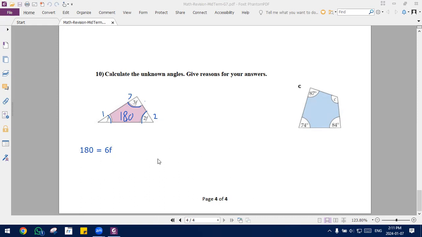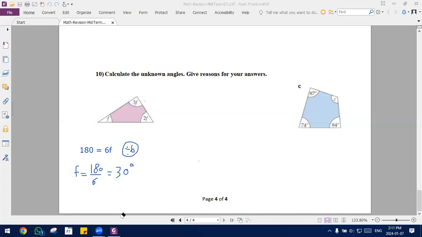Now, how can I find only one F? We divide by 6. So we say that F is equal to 180 over 6. We forget about the 0. 18 divided by 6 is 3. And then put the 0 back, which is 30 degrees. They said calculate the unknown angles, so I didn't finish here.